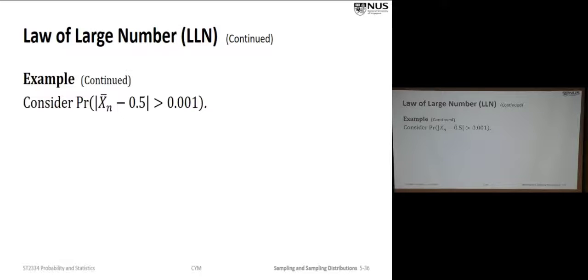What I'm trying to do is show this probability, where this is mu, this is my epsilon, and my n is 3 times 10 to the power 6. So I want to compute this probability.